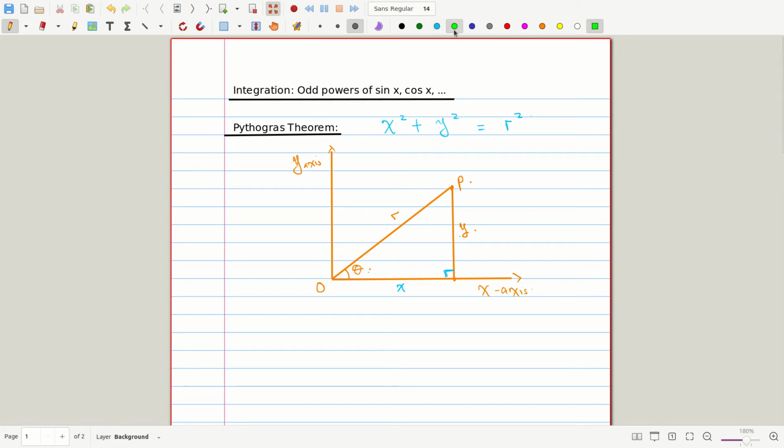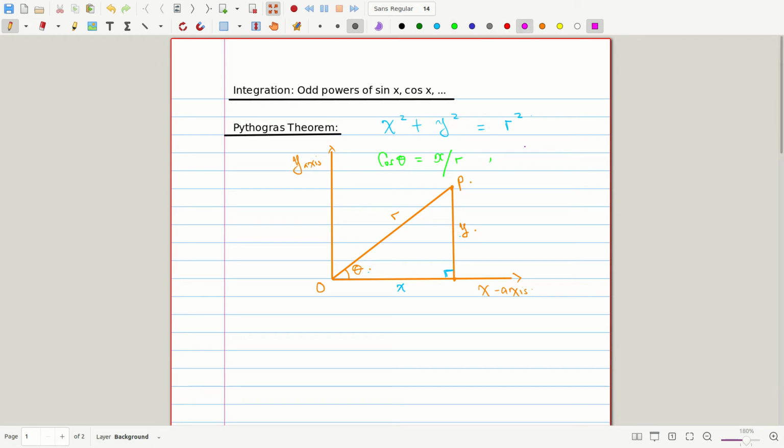Also, I assume we know that the cosine of this angle theta equals the length of the adjacent side, which is x, over the hypotenuse, which is r.